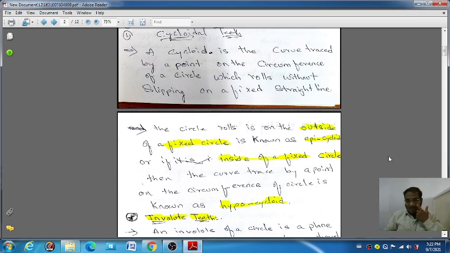Once again: when the circle of the cycloidal teeth rolls and the teeth are on the outer surface of the gear, that gear is known as an epicycloid gear. If the teeth are inside the gear, and the circle rolls and makes a curved trace by a point on the circumference, that is known as a hypocycloid gear.